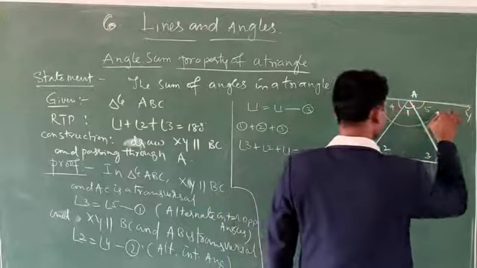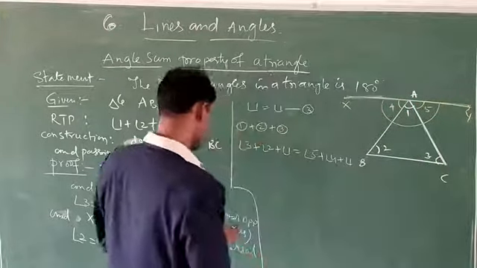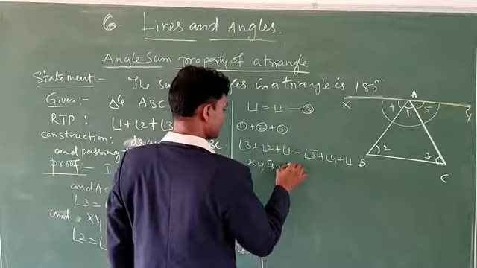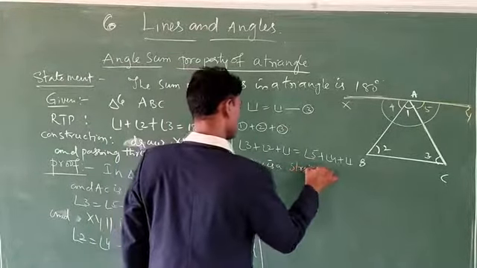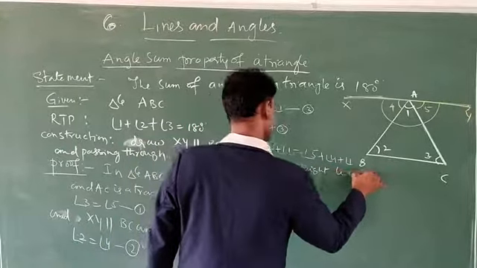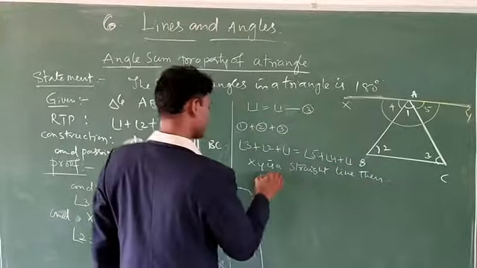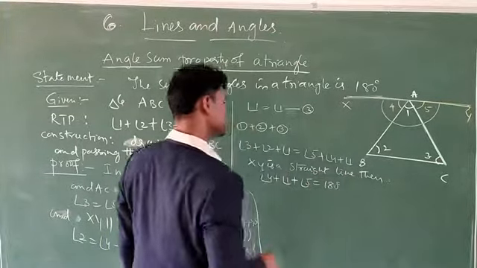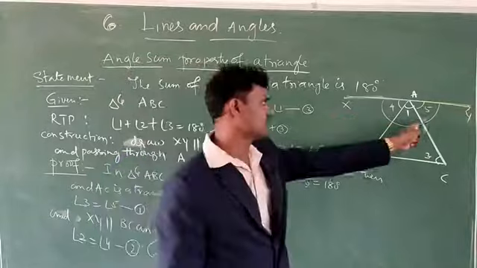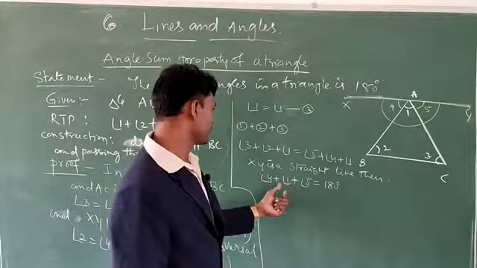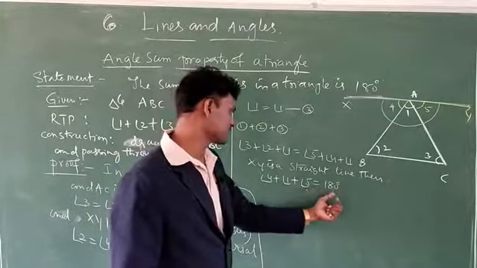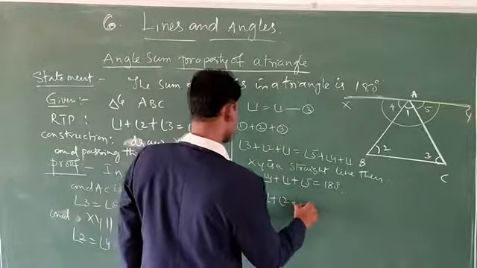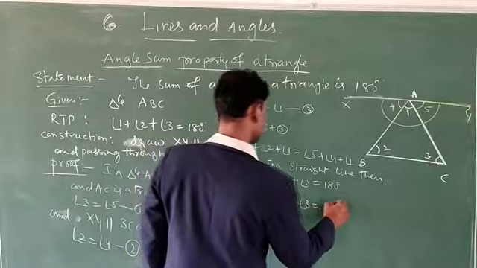Then the sum of these three angles is equal to how many degrees? 180 degrees. This is a linear angle. Then angle 4 plus angle 1 plus angle 5, substitute 180 degrees. Then angle 1 plus angle 2 plus angle 3 is equal to 180 degrees.